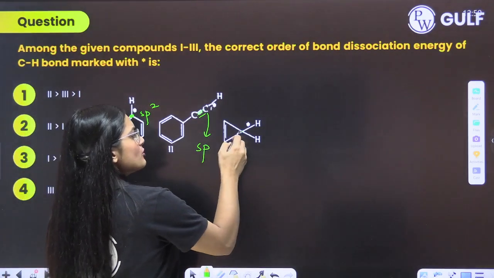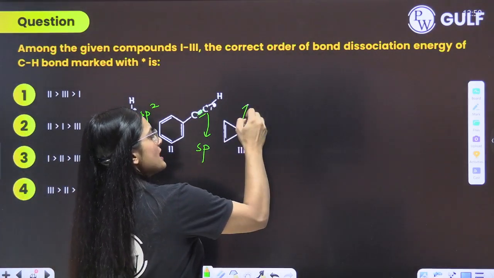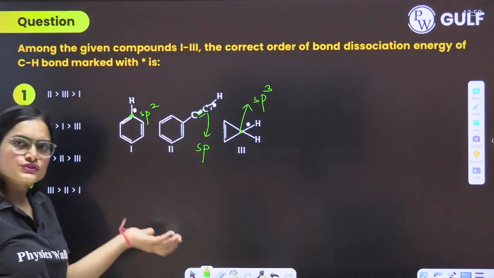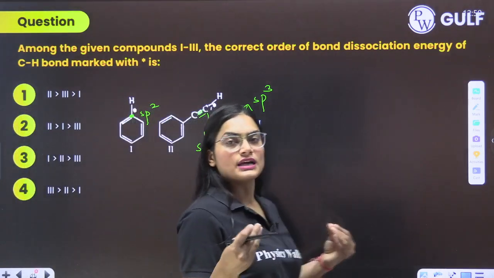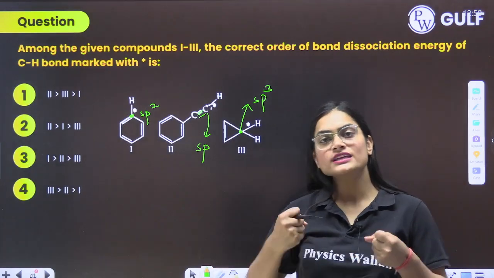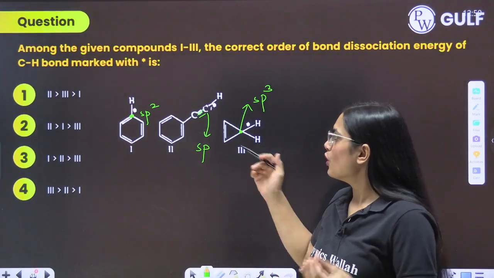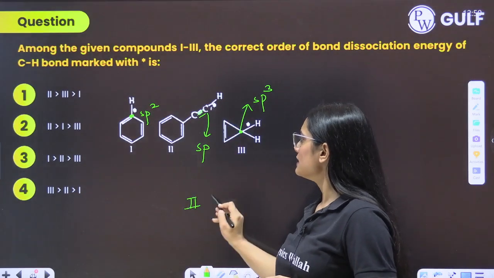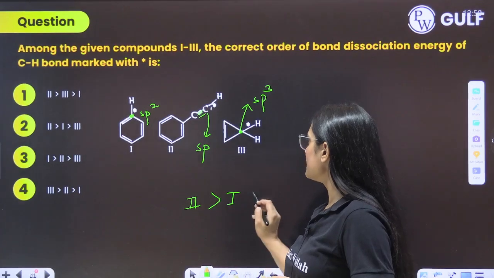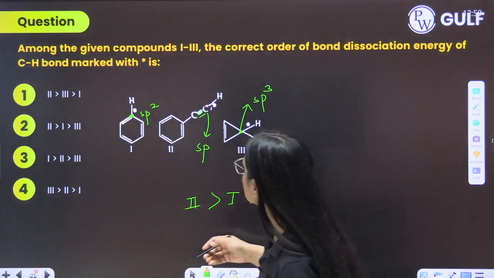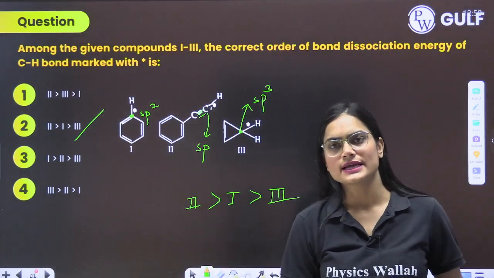And here this carbon is singly bonded, so its hybridization is sp3. Of course, out of the 3, sp hybrid orbital that has more percentage s character, more electronegative, will be holding the electrons more tightly. So the bond here would be more strong, this carbon hydrogen. So here we have second, then the first one, and then the third one. So yes, option second is the right answer.